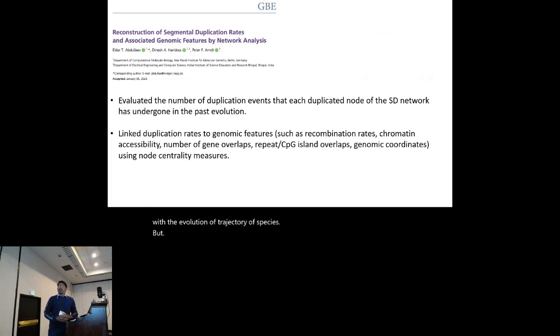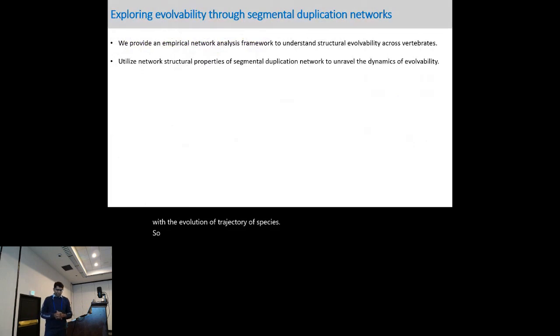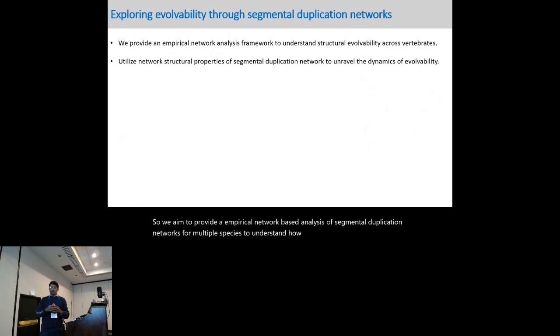So we aim to provide an empirical network-based analysis of segmental duplication networks for multiple species to understand how the structural properties of these networks can be related with evolvability.